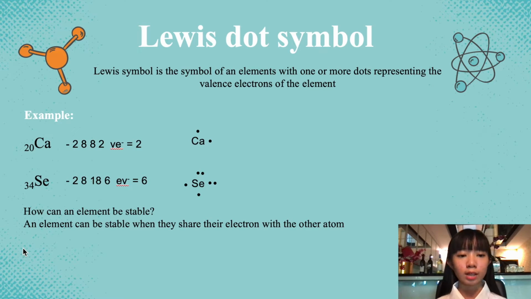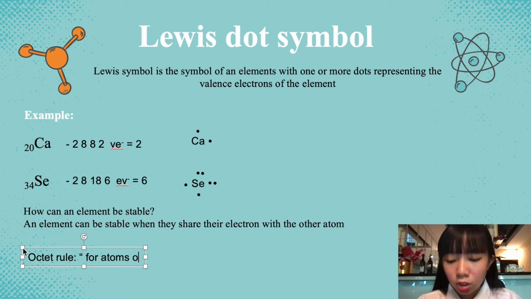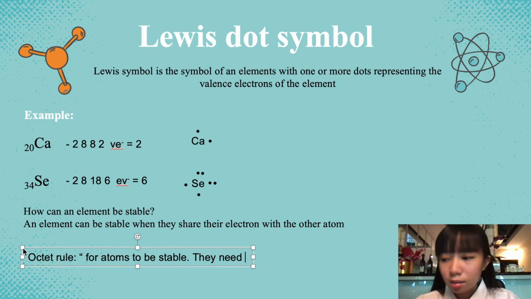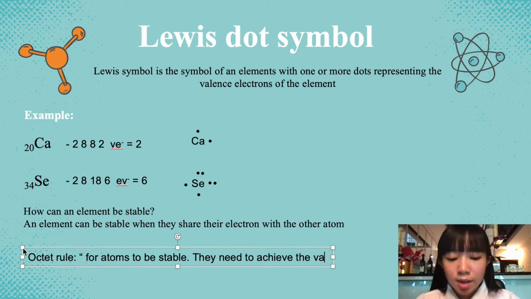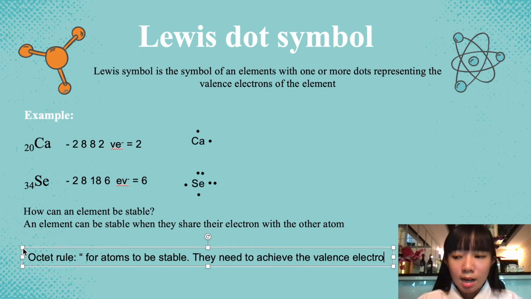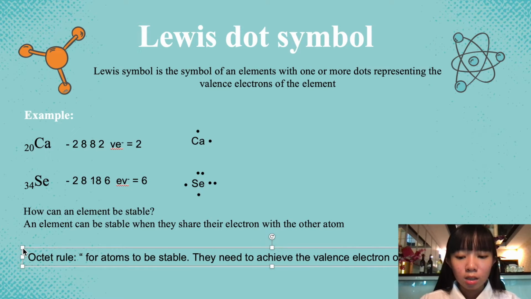And there is also the octet rule, which states that for atoms to be stable, they need to achieve the valence electrons of a noble gas, which is equal to 8.